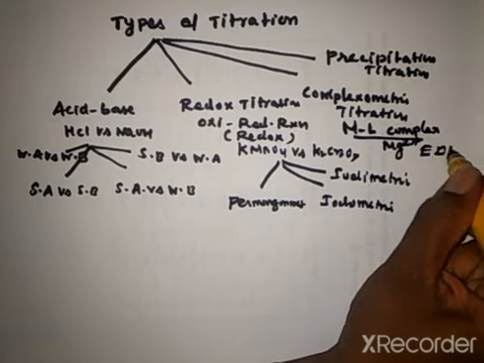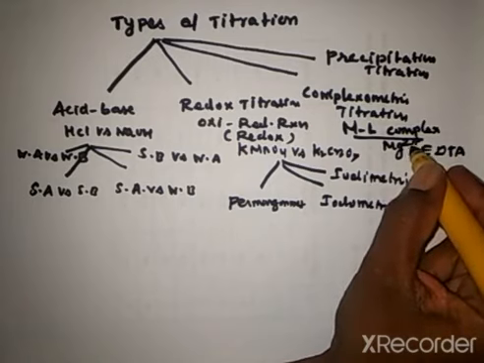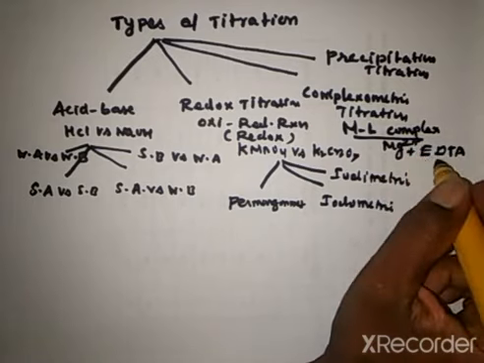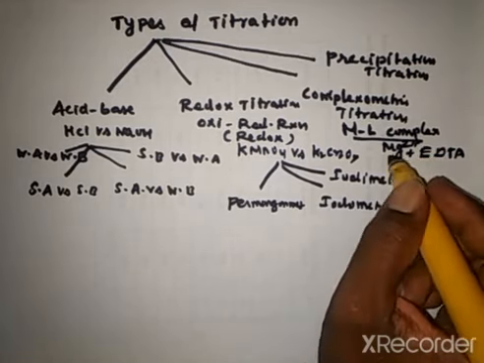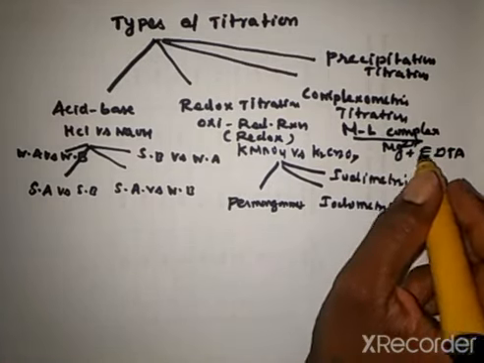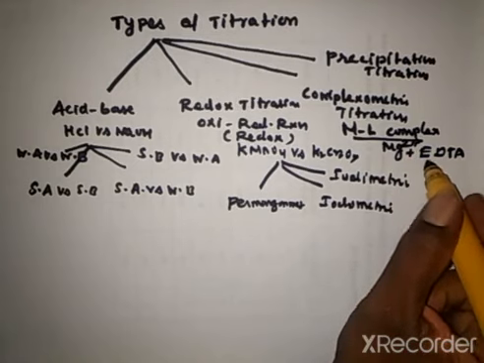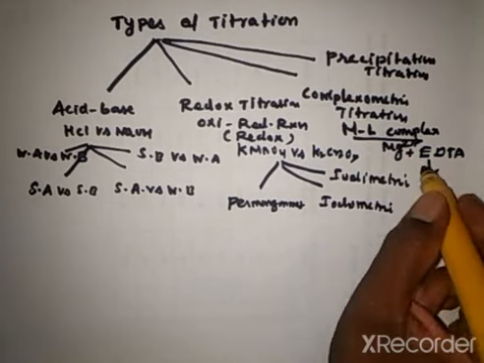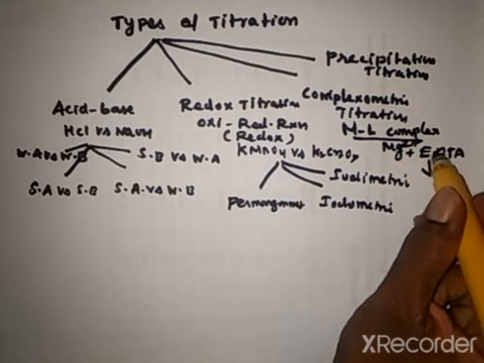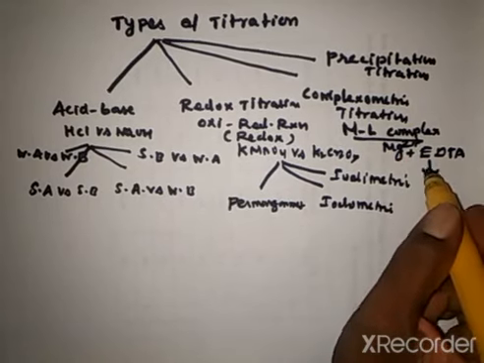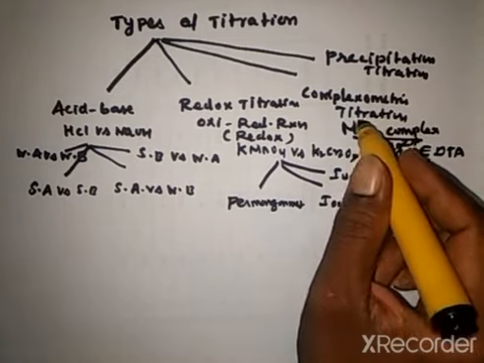So EDTA, ethylene diamine tetraacetic acid, is used to estimate the magnesium or the calcium or nickel. We can estimate so volumetrically. During the estimation, it forms complex between the metal and the EDTA, so this is called complexometric titration.